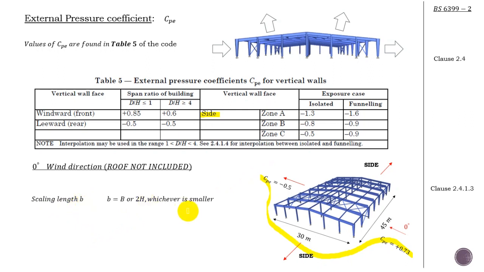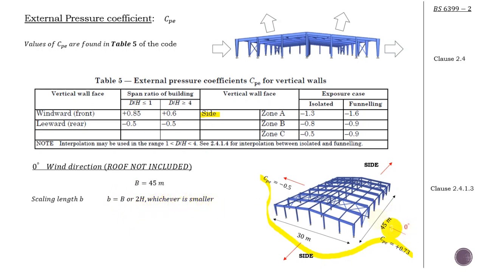Now why do I need the scaling length b is if you get back to clause 2.4.1.3, it defines the b, the scaling length, okay? It says the b, the small b, is going to be equal to the capital B, remember, the crosswind breadth, or 2h, whichever is smaller.